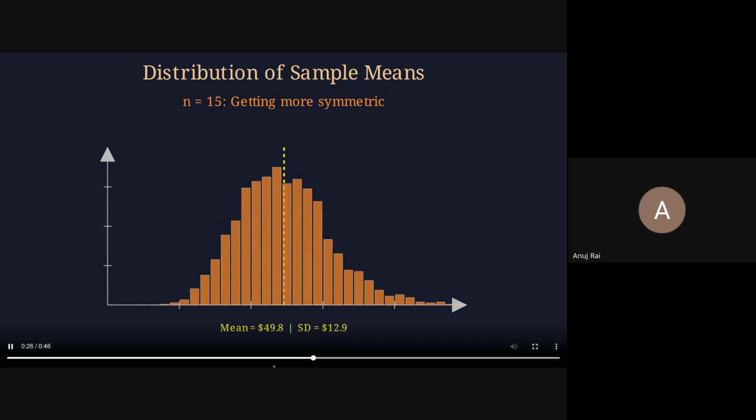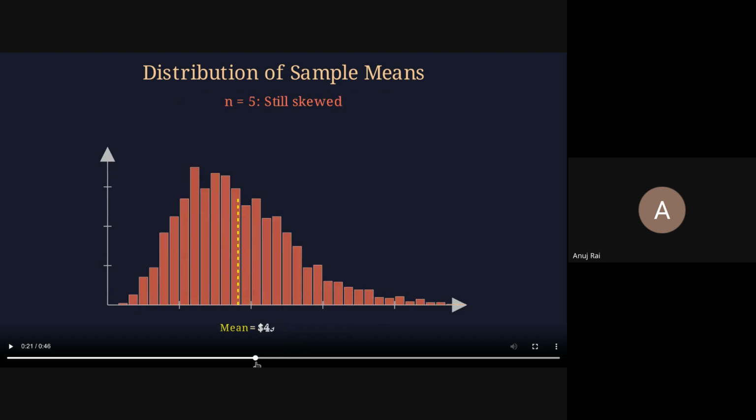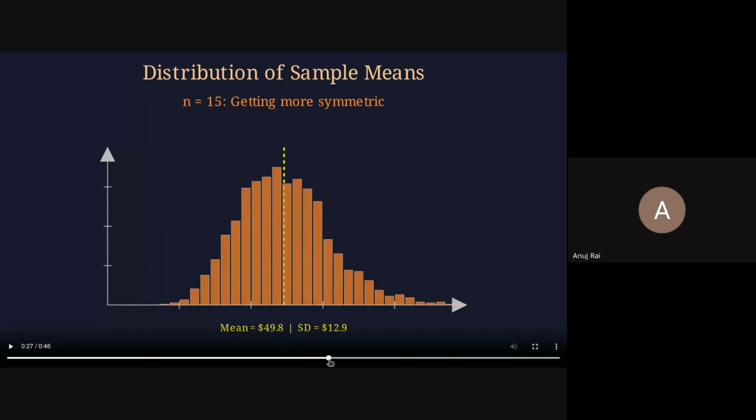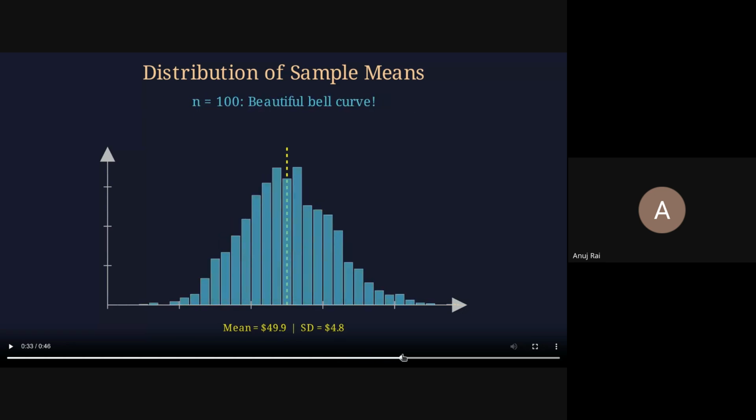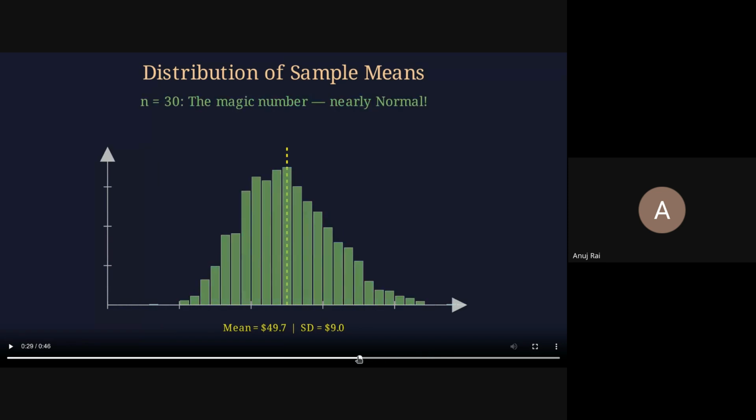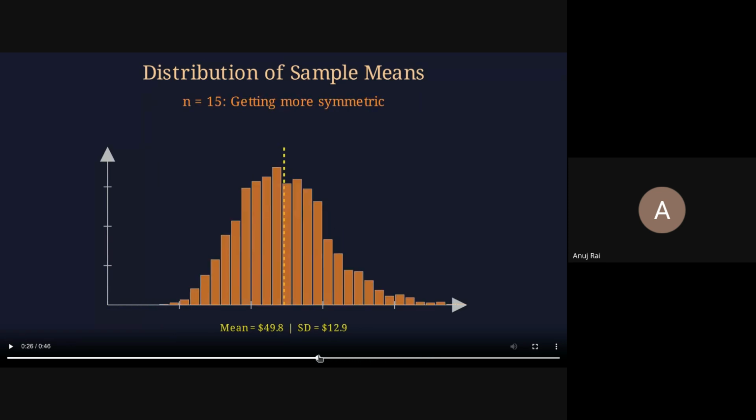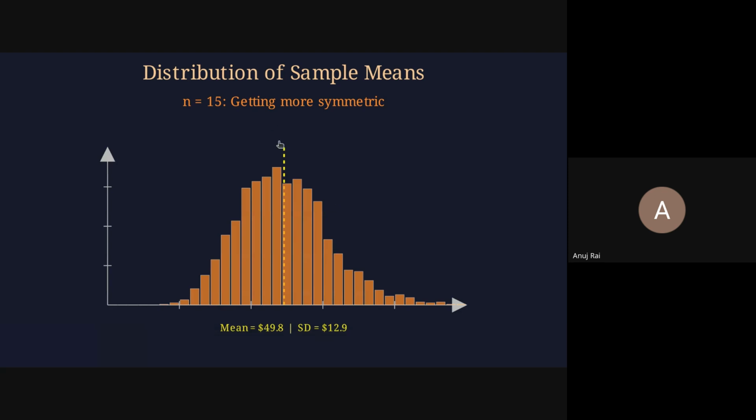As we keep on increasing the sample, as we get more samples, you can see that it is getting more and more like a beautiful bell curve. Let me get this clear, what's happening in here.